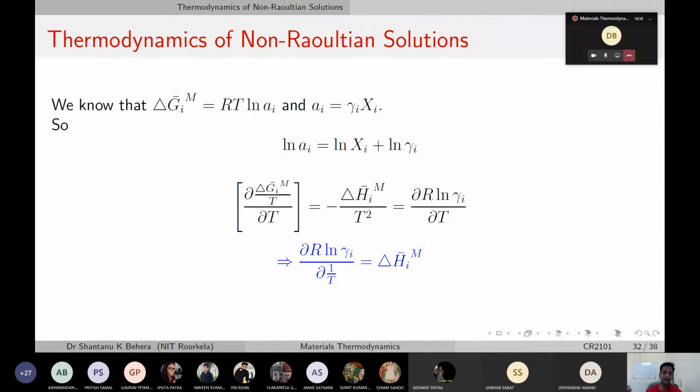Right. Now, if we use the Gibbs-Helmholtz equation like we used for the Raoultian solutions, you'd see that del by del T of del G by T of a component upon mixing, you can write this equation as del H, the enthalpy change of the component upon mixing, by T squared. This is a pretty generic formula.